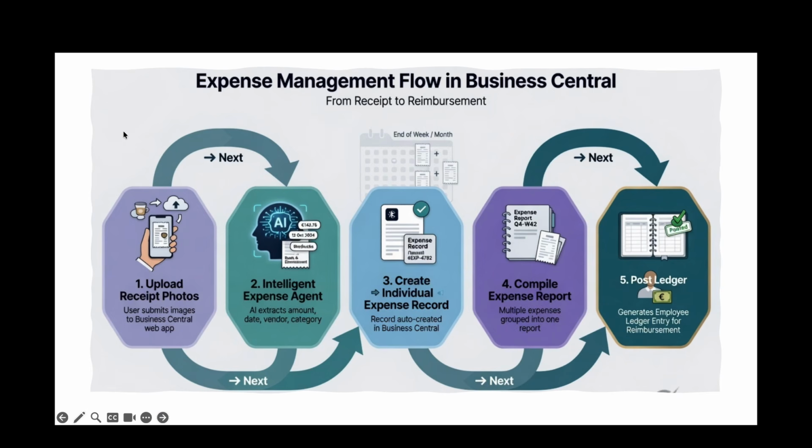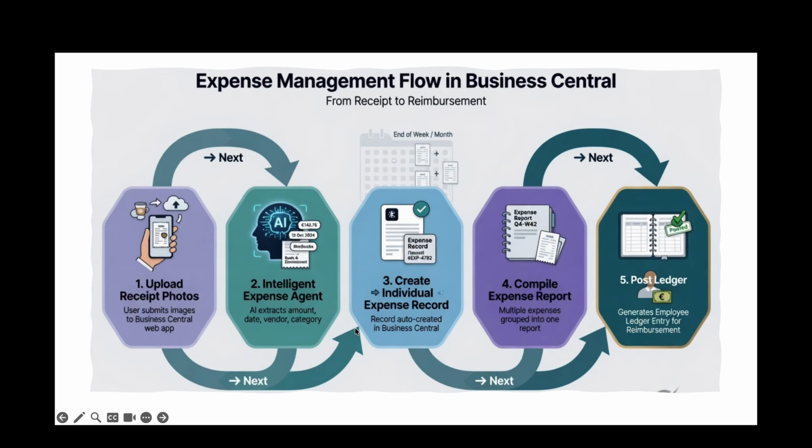Now, what if there is a feature which says, okay, you have an app, in this case a web app, where you can go ahead and upload your bill or the receipt as a photo, and click that. Then there is an expense agent, which is step 2. It extracts the information out of that bill and creates an expense within BC, which brings us to our third step.